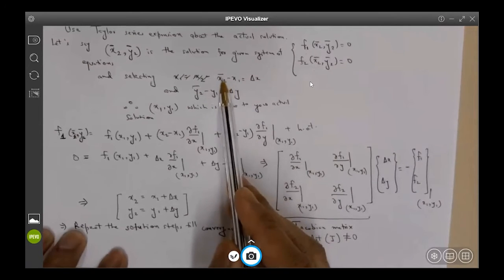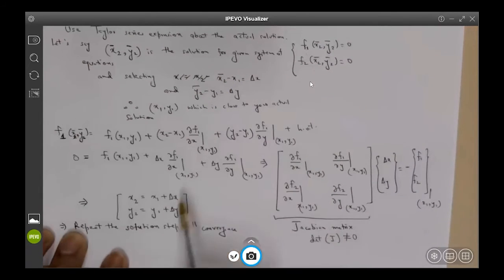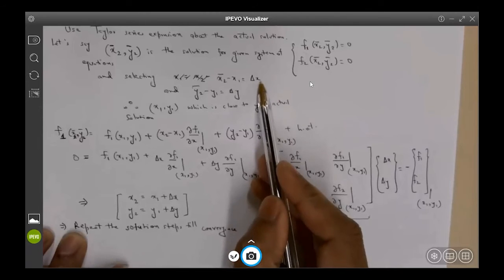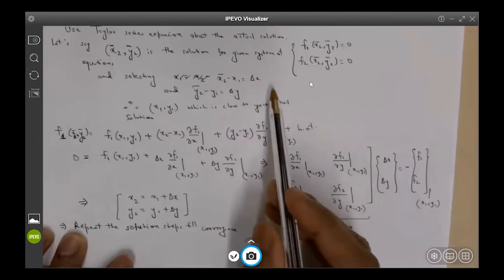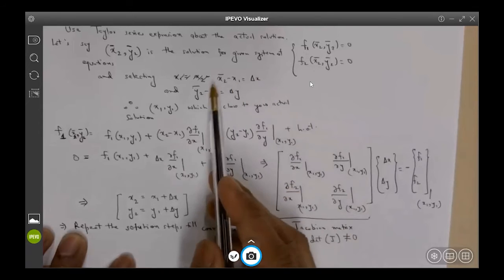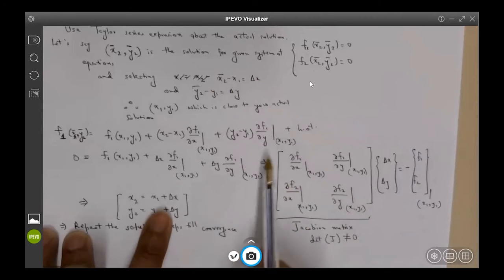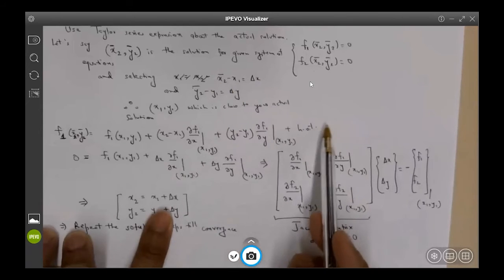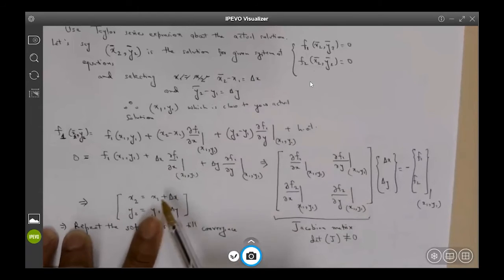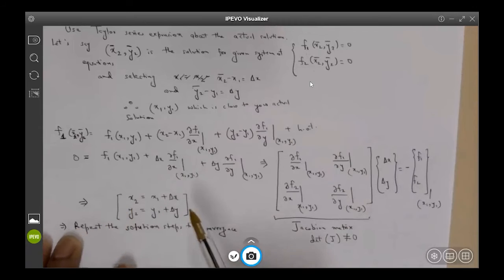So you see here, x2 is what? x1 plus delta x. If your delta x is taking all the other terms into account and you have calculated delta x, then you can add delta x to x1 to get x2. But since I have cancelled all the higher terms, my delta x will not be exactly equal to x2. It will be making it closer to x2, basically.